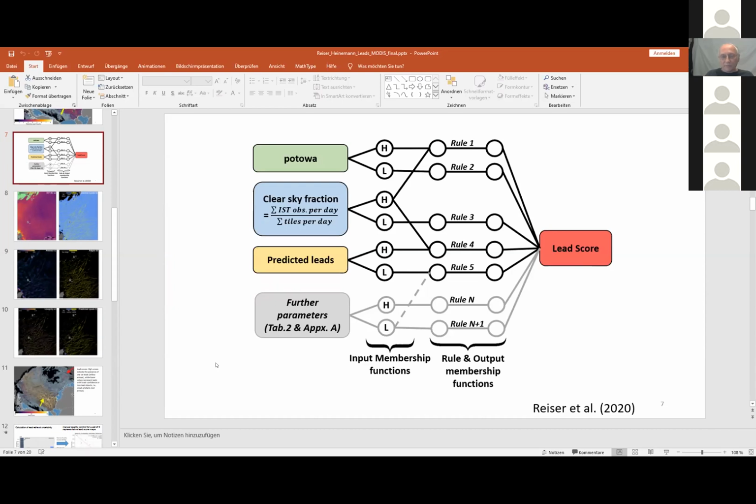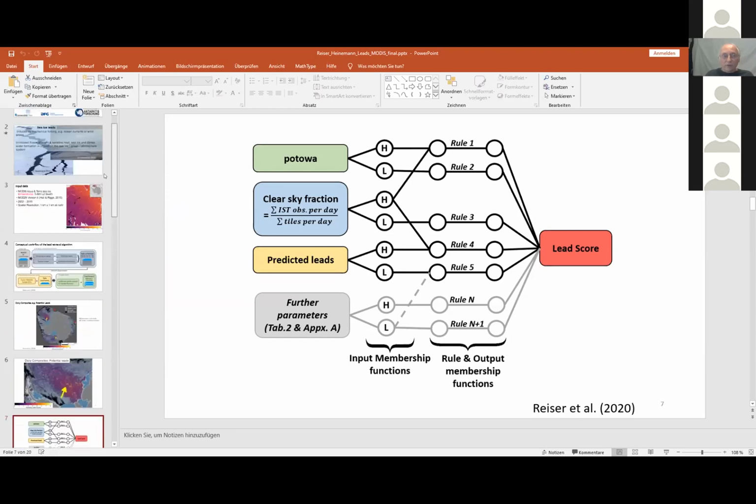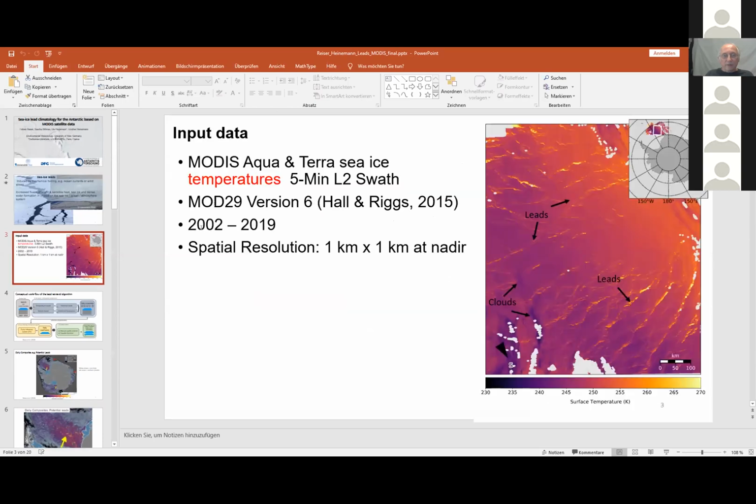Okay, but doesn't MOD 29 use the cloud mask? Does it try to estimate ice surface temperature even where MOD 35 says there is a cloud? No. So we don't use it. We only use MOD 29 when there are no clouds.